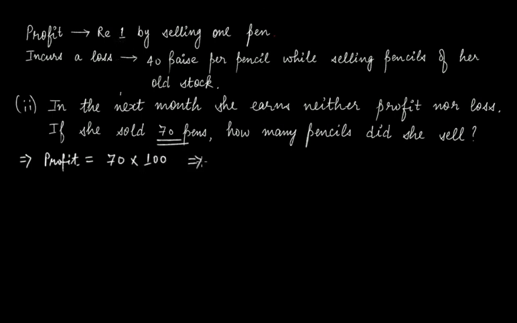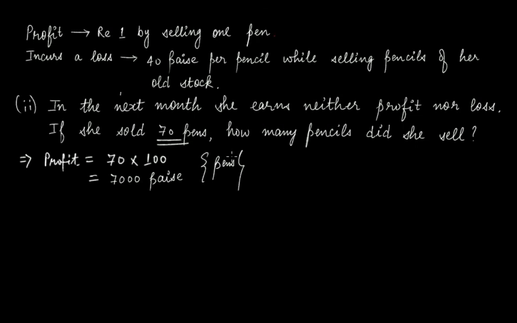So this will be, one second, not rupees, but, I'm sorry, long video, got tired, 7000 paise. Okay, so 7000 paise is a profit that you're making due to selling of pens.